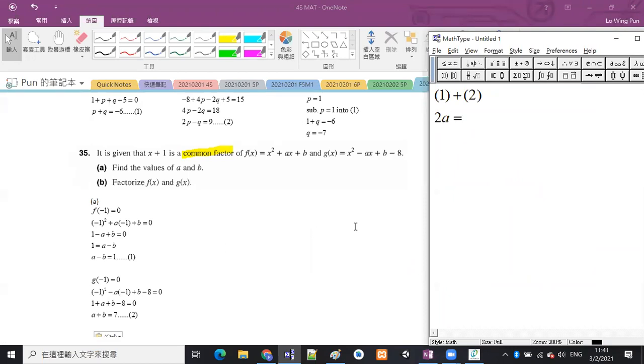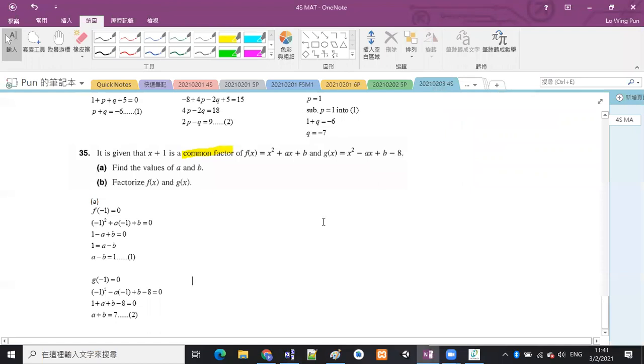Right hand side is 1 plus 7, that is 8. Then a is equal to 4. And then we need to substitute a equals 4 into either one of the equations. So 4 minus b is equal to 1. So 4 minus 1 is equal to b. So b is equal to 3. That is how we can do part A.